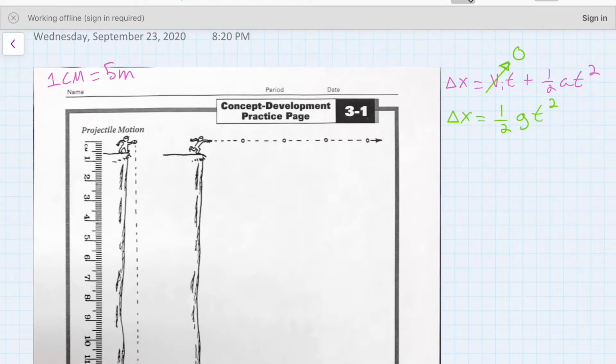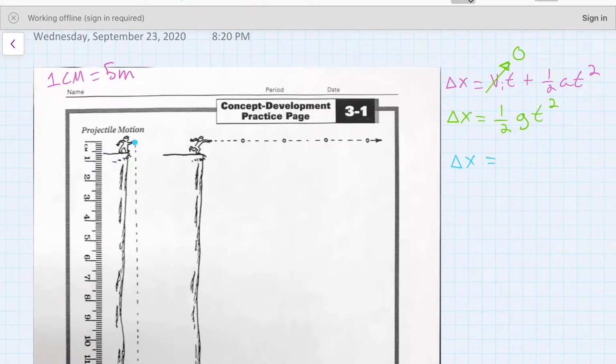I'm actually going to draw the ball in at every 1 second interval. So what we need to do is plug 1 second into the equation and see where the ball is at 1 second. Then we do that for 2 seconds, and we keep going until the ball hits the ground. So I'm going to work this out here, and let's try this.